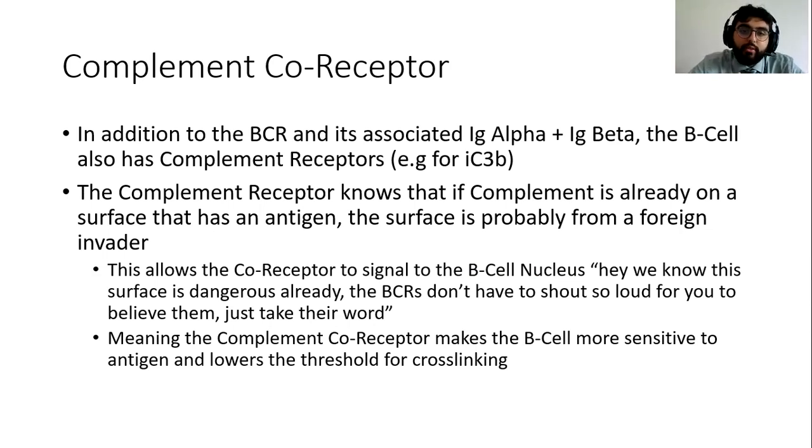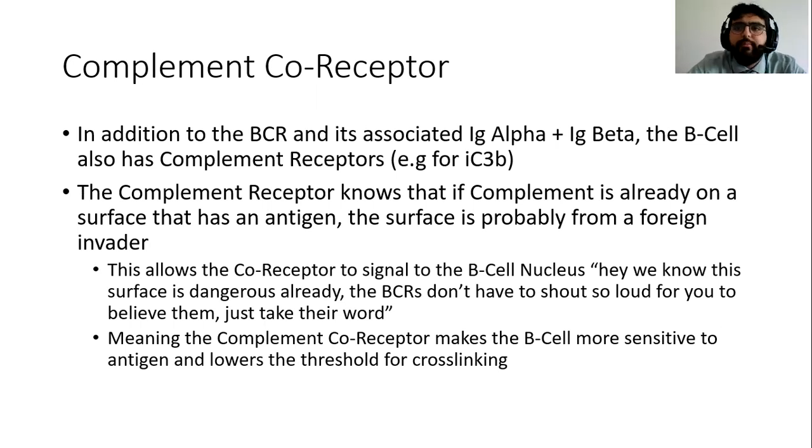So right now we already established that the B cell has the B-cell receptor flanked by Ig alpha and Ig beta to assist in intracellular signaling, but there's also complement receptors, and specifically it's for iC3b, and this is a more dormant form of the C3b that is produced from either a spontaneous degeneration of C3 into C3a and C3b, C3a being an anaphylatoxin, C3b depositing on the membrane of a pathogen, or it could have been produced by a C3 convertase, either C3bBb or C4bC2a.